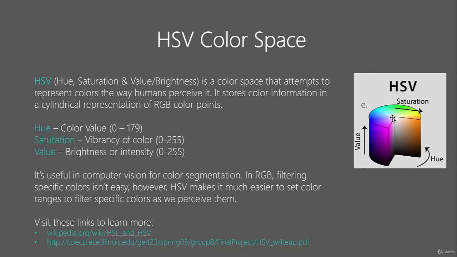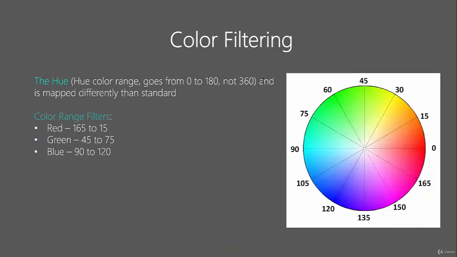At low saturation, everything is white, and at high saturation, that's when you start getting rich colors. And value is brightness. At the lower end of the value, you get dark or black colors, and going all the way up, you start getting bright colors. So this is how HSV represents colors, and it does it almost as well as RGB, even given this limited range. So now back to color filtering.